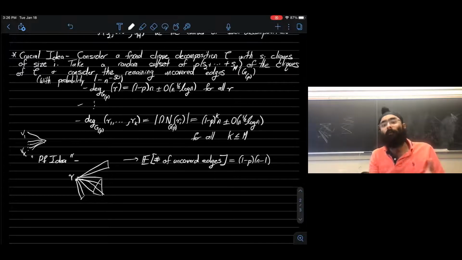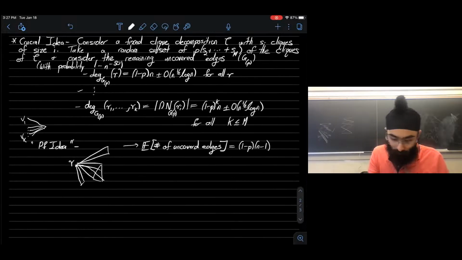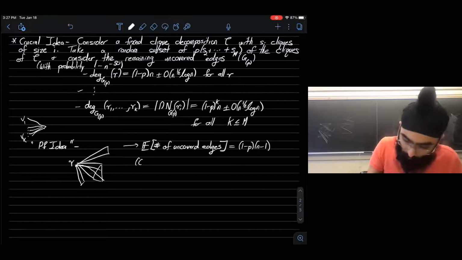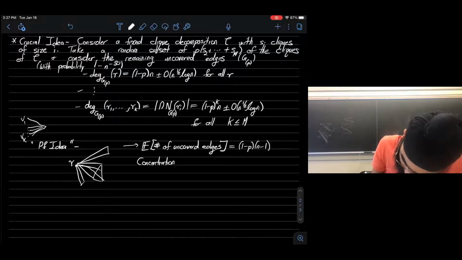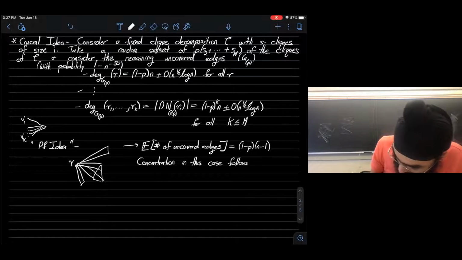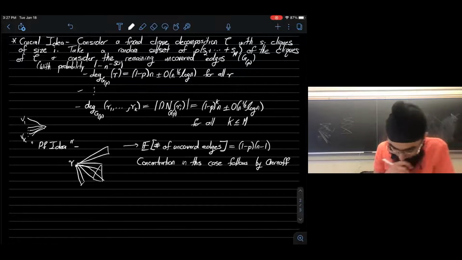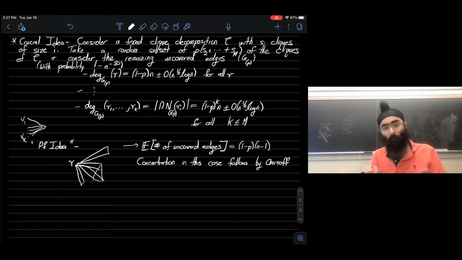And in this case, if instead of sampling a fixed size, you just imagine you sample every clique with probability p, then it concentrates just by Chernoff. So that handles the single vertex case.